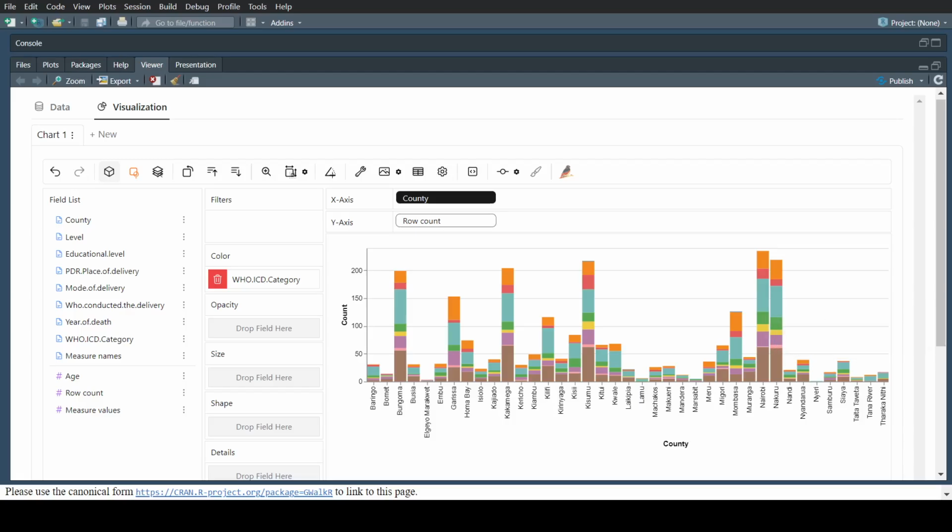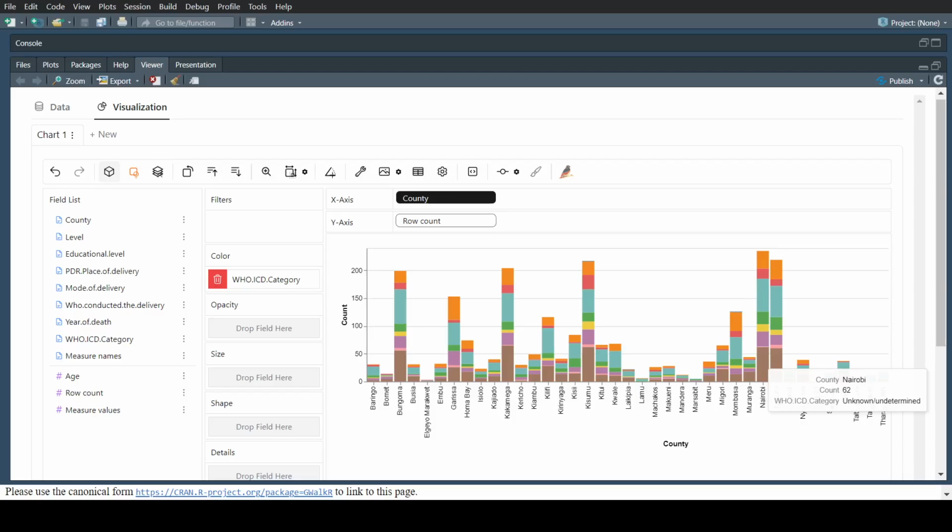Obstetric hemorrhage is the highest cause of maternal death. Mombasa, same thing, hypertensive disorders and obstetric hemorrhage. Kisumu, same thing. Kakamega, the same story, and all through the other top counties with the highest numbers of maternal deaths.